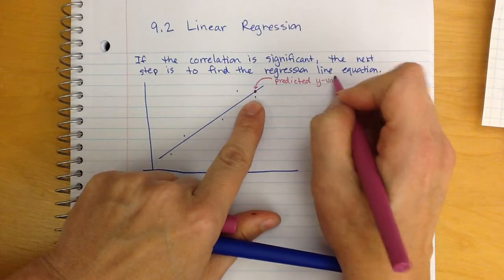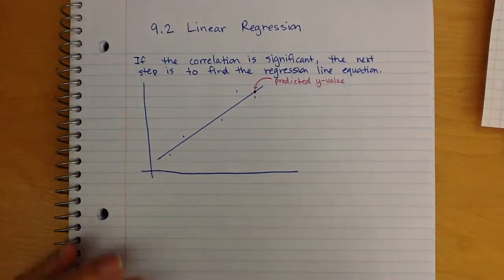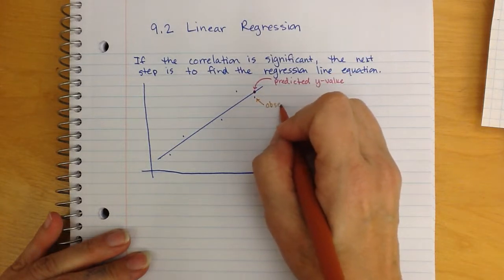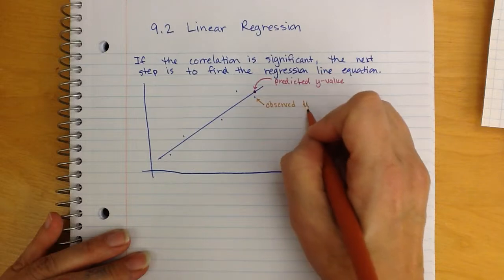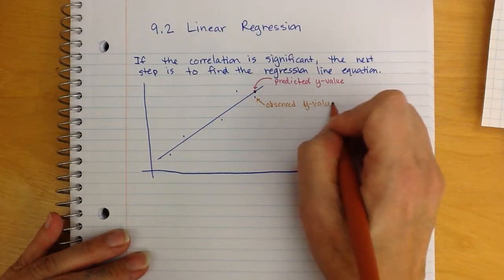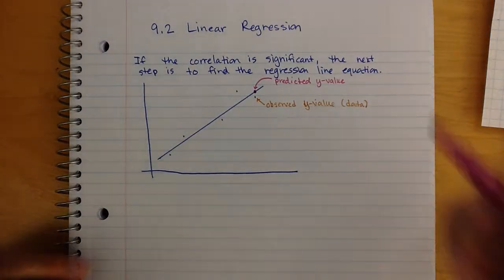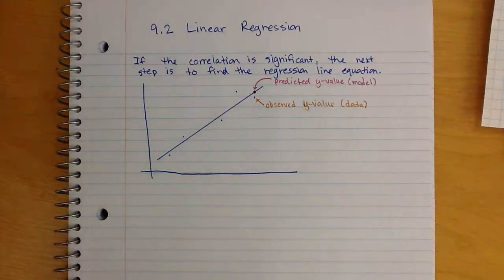So this is our predicted y value based on the model, but the one down below is the observed y value from the data.